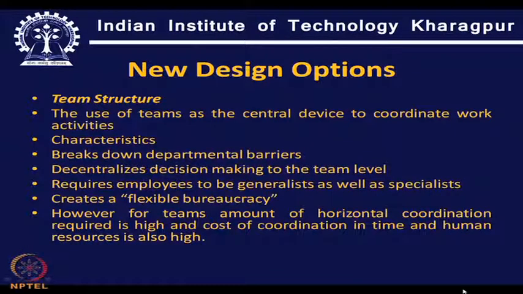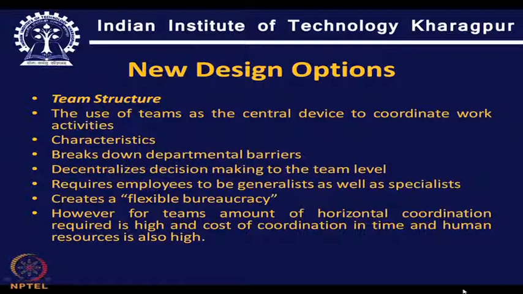Now, we are looking into some of the new design options. The first is the team structure. In team structure, the team is the central device to coordinate work activities.